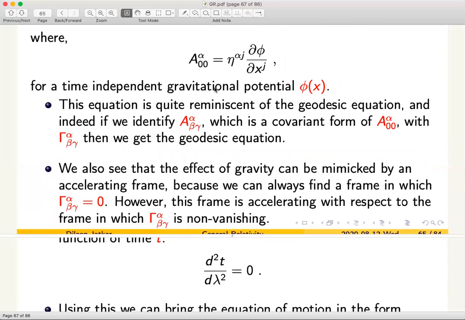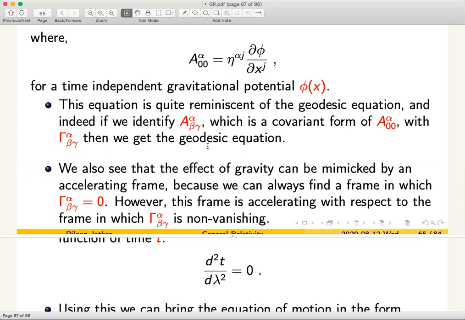By accelerating frame, I do not mean a frame with constant acceleration. I mean a frame which does not have constant velocity, so it can have non-constant acceleration also, and the derivative of acceleration could be a function of coordinates and so on. That's what we would get if you do a general coordinate transformation.